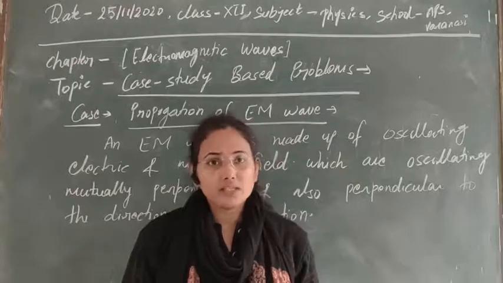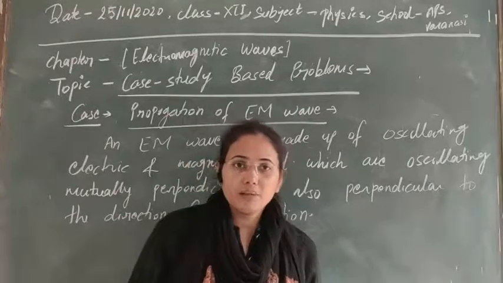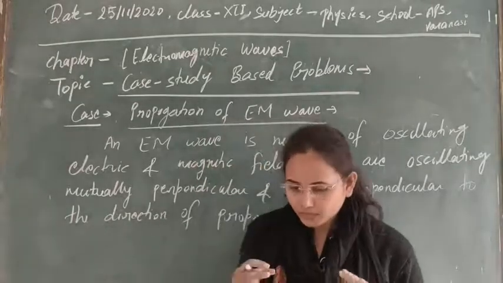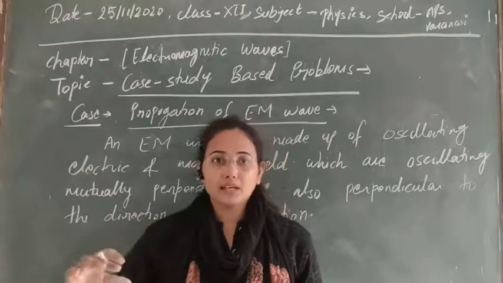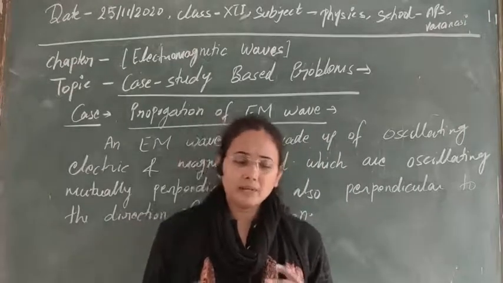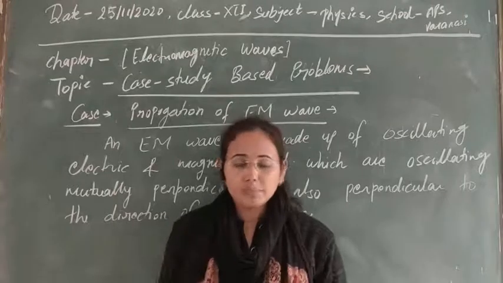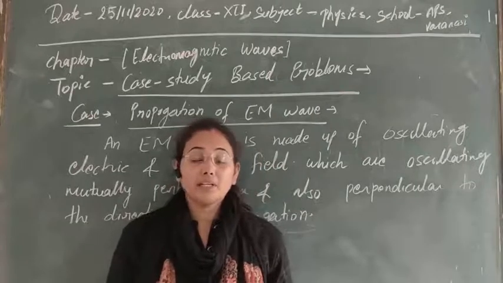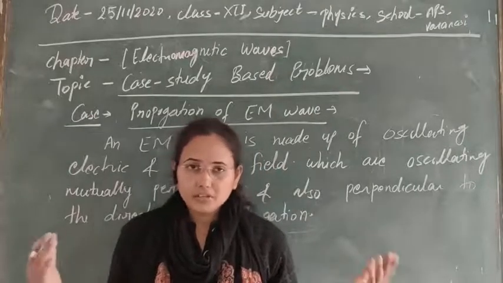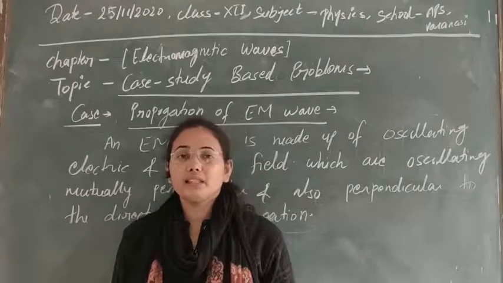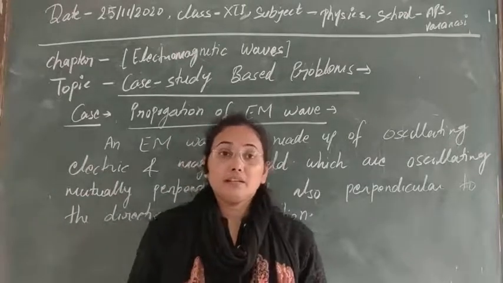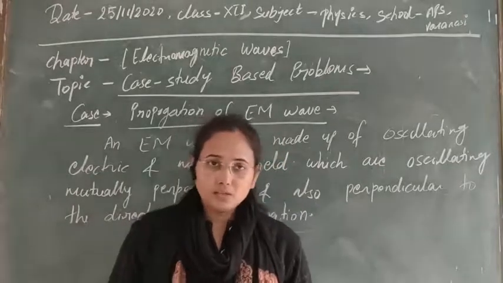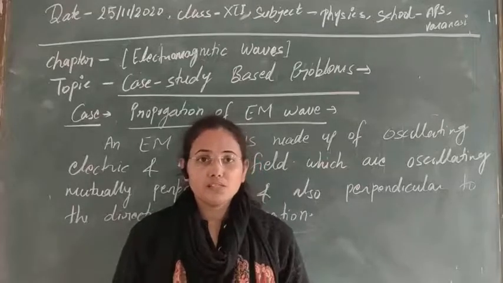Yes, properties can change, and we have already studied that the velocity changes if they propagate in some mediums, for example dielectric or conducting mediums. I explained some examples in class of what happens if electromagnetic waves propagate in dielectric, conducting or plasma media. If they propagate in vacuum, their effects are different, and their amplitude and other properties change. According to these changes, there can be a number of questions.